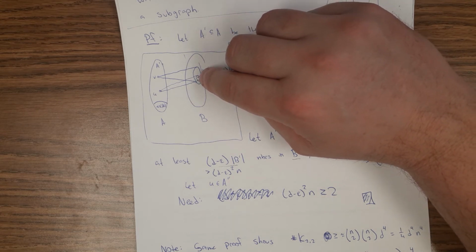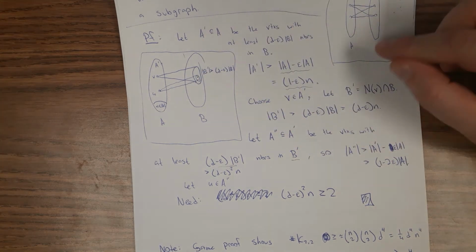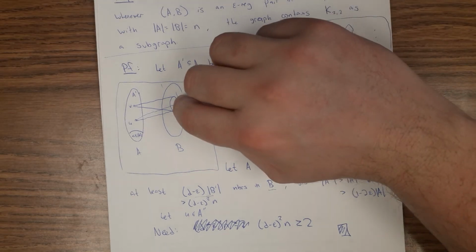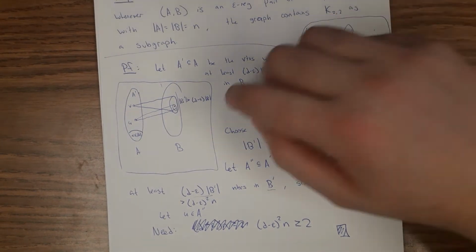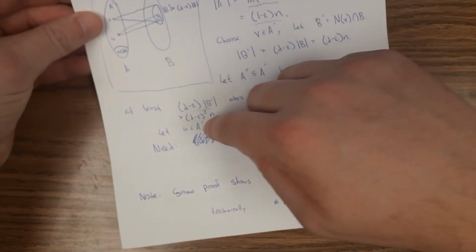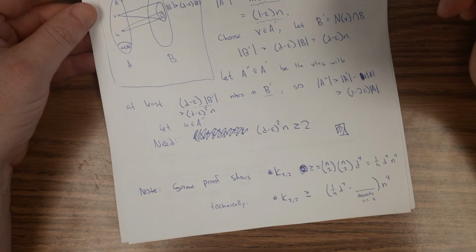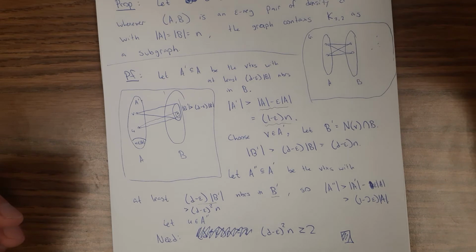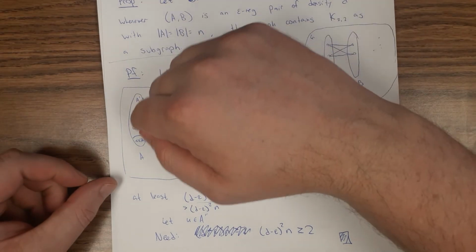If we found 3 vertices in here, then we would find a K23. If we found 5 vertices in here, we would find a K25. And it's clear that for n large enough, we would find that. Also, we had a lot of choices.